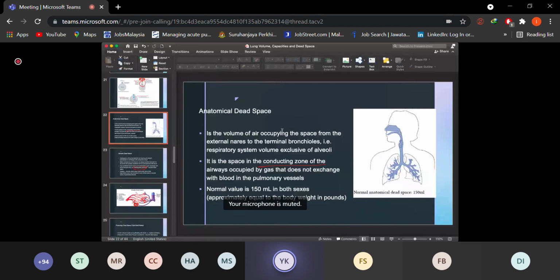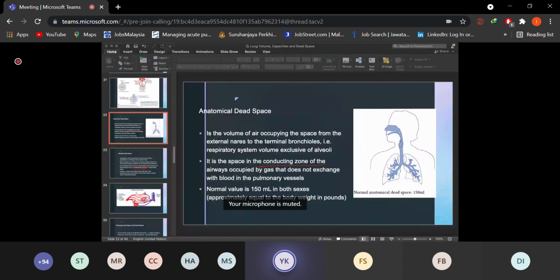That's the question: when anatomical dead space increases, alveolar ventilation decreases. Is there any importance to decreased alveolar ventilation? Yes, when anatomical dead space increases, alveolar ventilation decreases. But it is not necessarily so here.